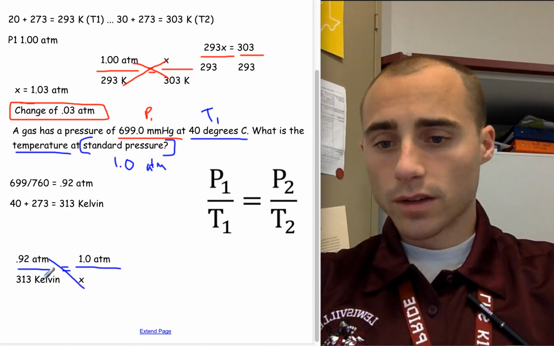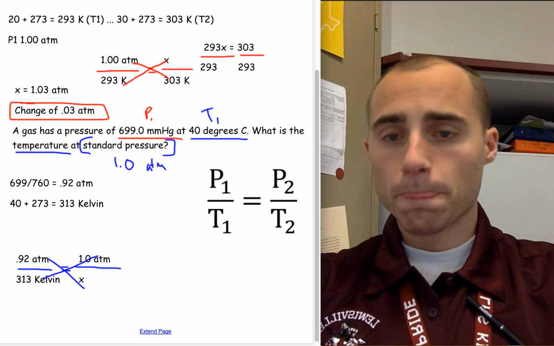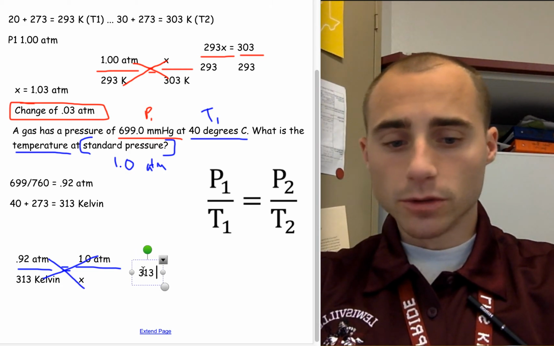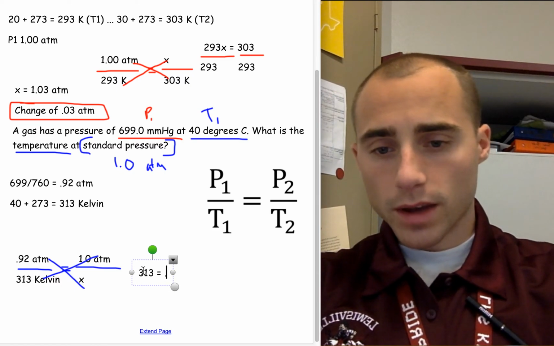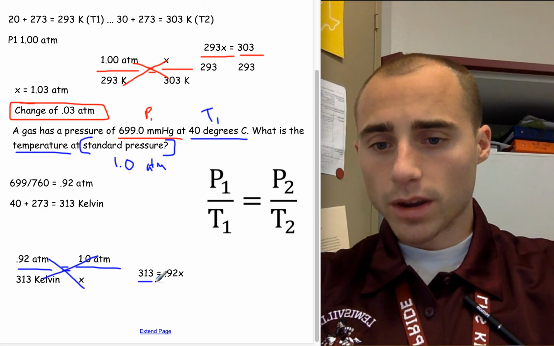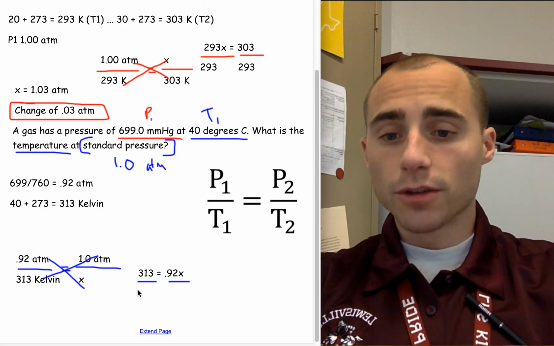So cross multiply, and you end up with 313 equals 0.92x, and then you simply divide by 0.92 to get x by itself. This is really the same process we've gone through for each of the laws.